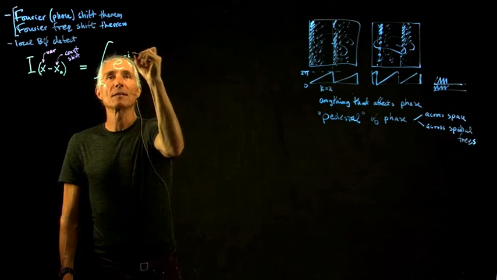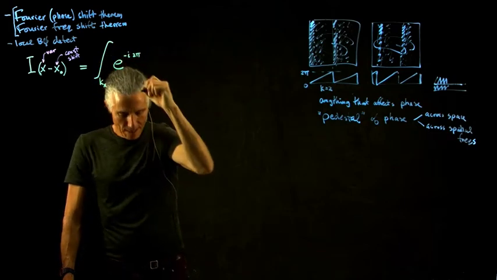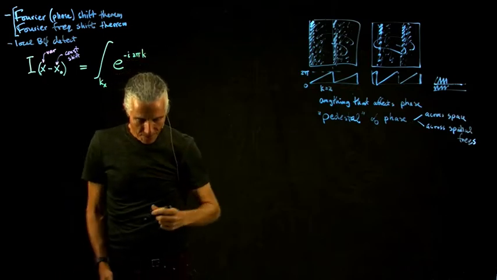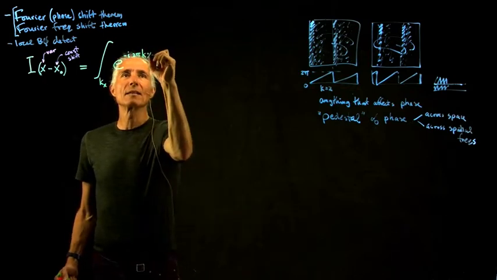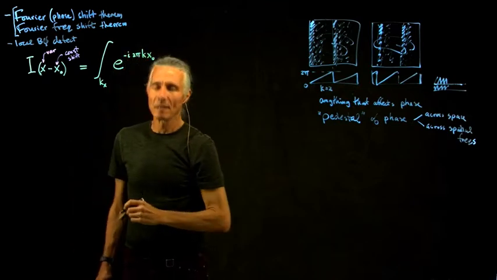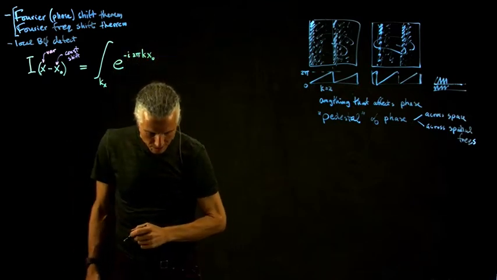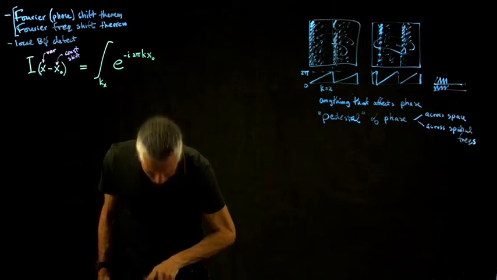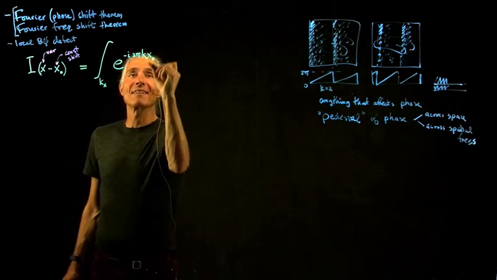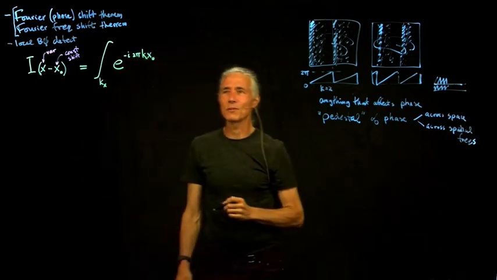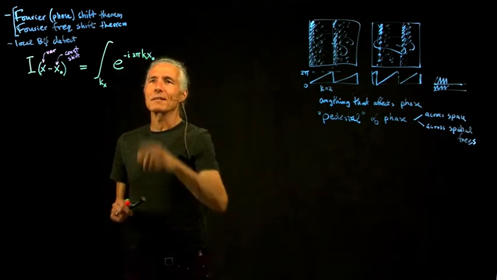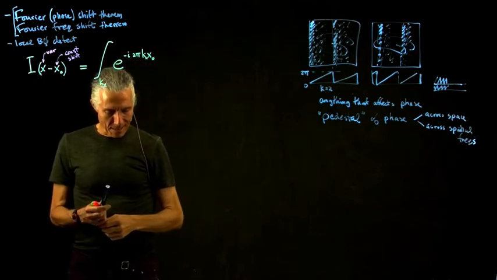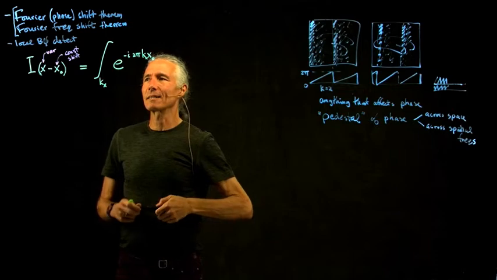So here's minus i 2 pi k x0. Oh, that's a typo, isn't it? Should be kx there. I've got k0 in my notes. Okay, so basically this is a constant. This is the constant here.